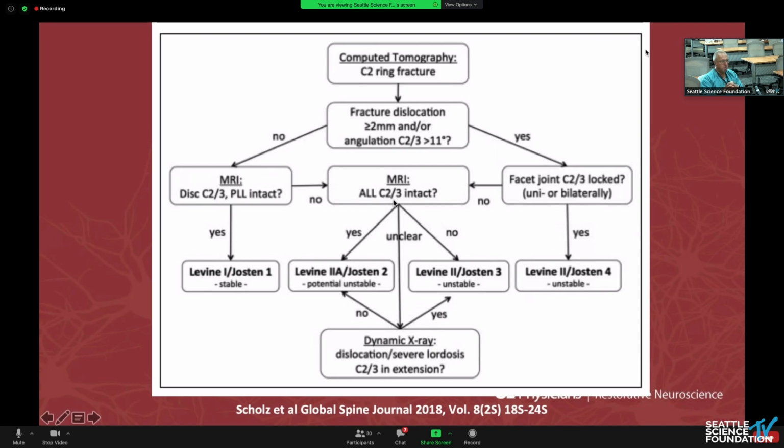If the MRI ALL is intact, but you have a displacement greater than or equal to 2 millimeters and angulation greater than 11, if the ALL is intact, then it puts you in the Levine 2A, Justin 2 category. And if the ALL is not intact, then it's Levine 2, Justin 3. And then with the facet locking, that puts you into the Levine 3 or Justin 4 category.